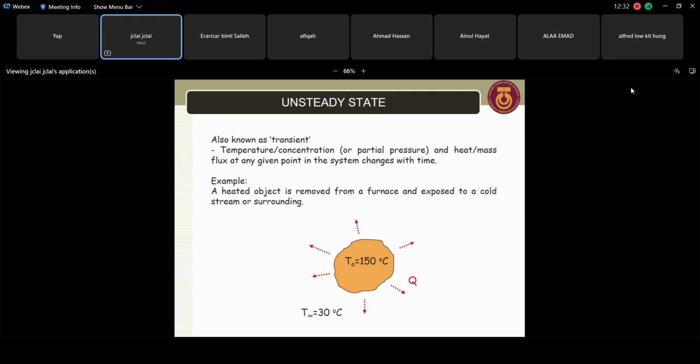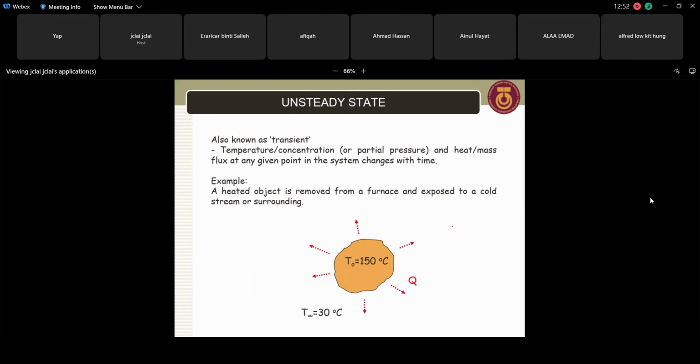Even in our daily life, it happens under this condition called transient or unsteady state. Let me give you an example.